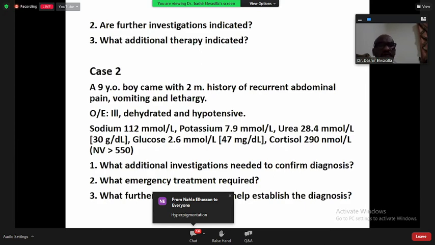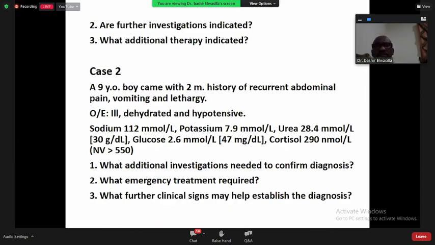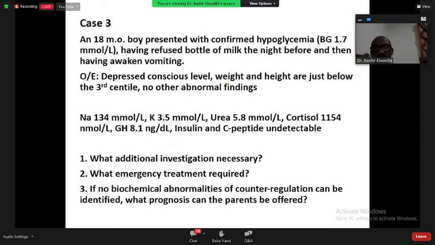Case 3, an 18-month-old boy presented with confirmed hypoglycemia because the blood glucose was 1.7 millimole per liter, having refused a bottle of milk the night before, and also having awakened with vomiting. On examination, he has depressed conscious level, weight and height just below the 3rd centile, no other abnormal findings.